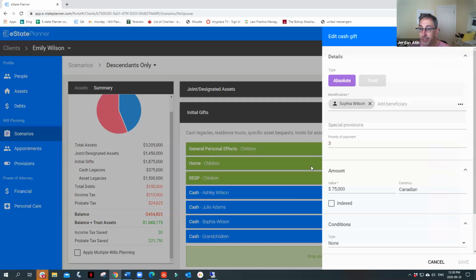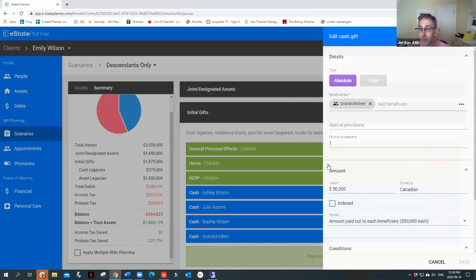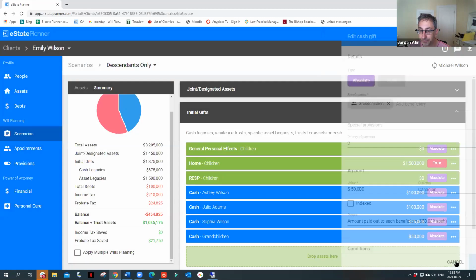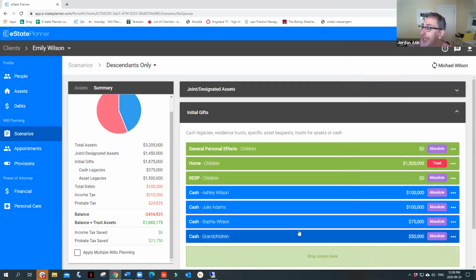Then we've got Sophia. She's going to get paid in third priority. And that must mean that we have a second priority here. So let's add these guys as the second priority. If we didn't have a second priority, it would automatically make the third priority the second priority. It recognizes it's a higher number than one, and so it just treats it as the next number. In this case, what we wanted was Ashley and Julie to get their money first if there was enough.